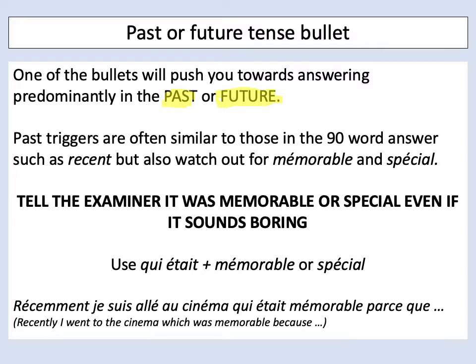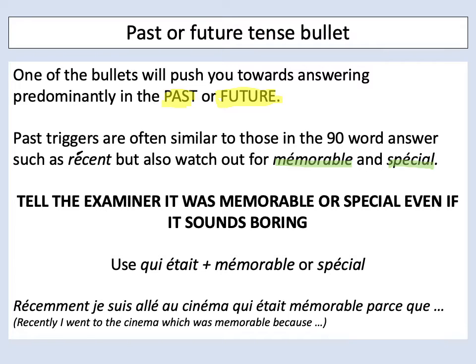So we're not talking about the relevance yet, but this is just you being able to work out the two. Generally, you will have things like récent, récemment, dans le passé, dernier, all those kind of words that are quite obviously talking about the past. But definitely watch out for these two, which you'll have seen before, mémorable and then spécial. These are other triggers that are telling you that the thing that you're writing has to be in the past.